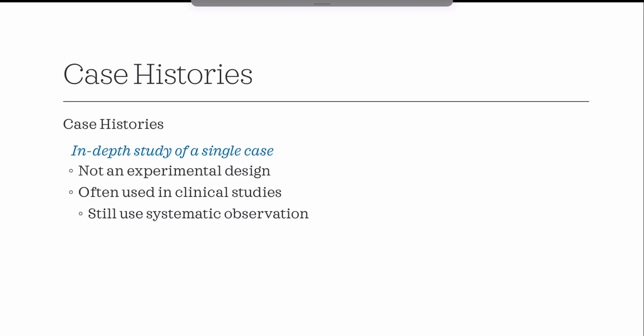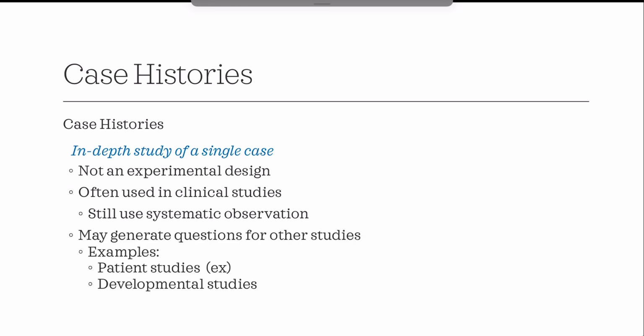Like all of these non-experimental studies, just because it's not done in a lab and just because people aren't taking questionnaires or using formal equipment, doesn't mean that we aren't objective and scientific in how we take our notes or record that behavior. So it still uses systematic observation. And as I said before, it may generate other questions for other studies. Examples are patient studies, like that panic attack, or developmental studies.